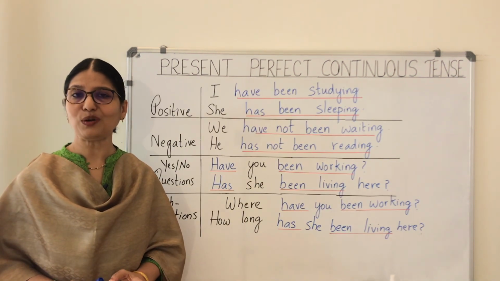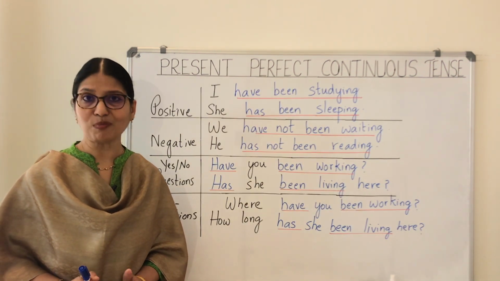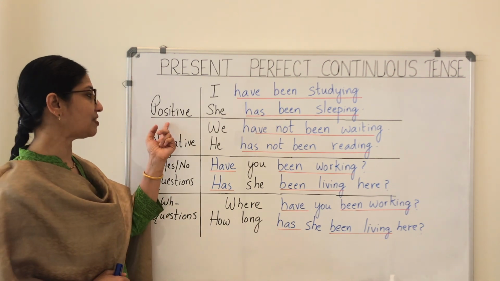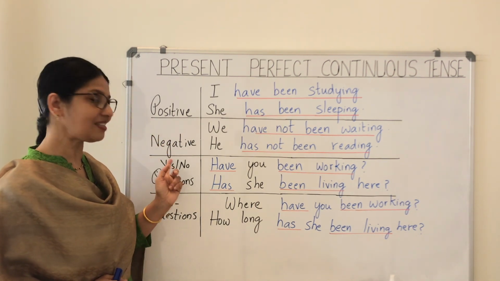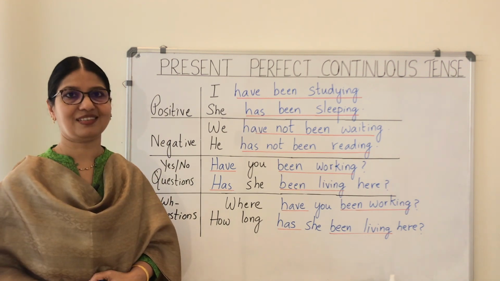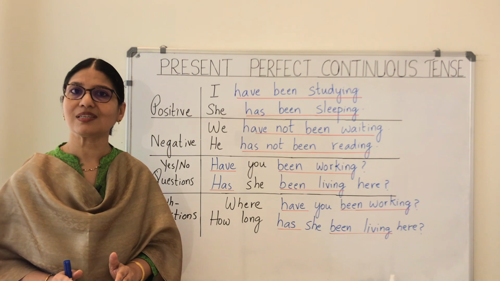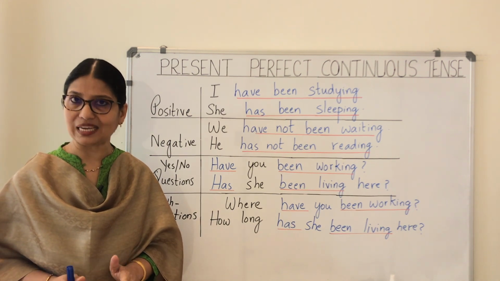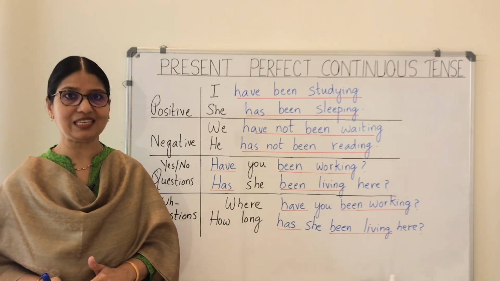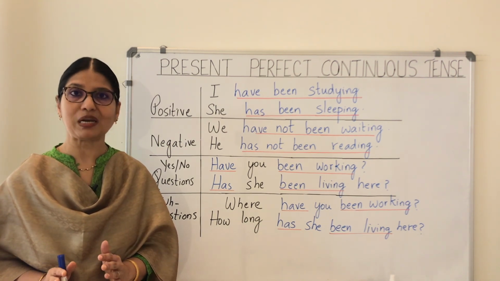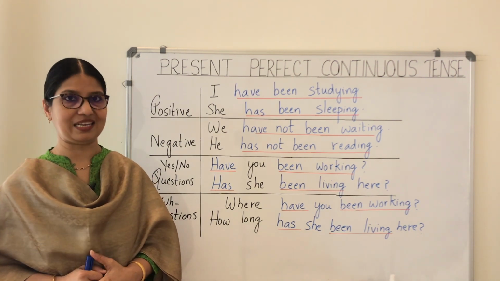Now that you already know the rules related to the formation of this verb tense, let's start framing positive sentences, negative sentences and the questions. So you know that for singular subjects we use has plus been plus verb and ing, and for plural subjects we use have plus been plus verb and ing.